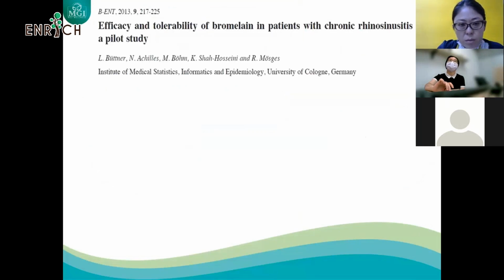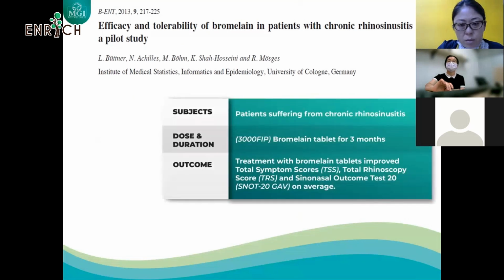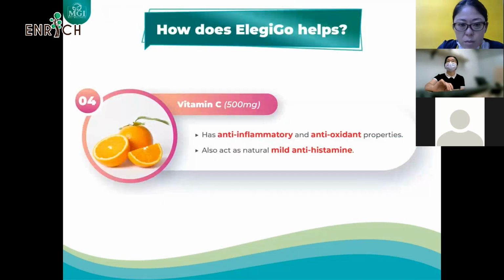This study is done to show the efficacy and tolerability of bromelain in patients with chronic rhinosinusitis. They are given bromelain tablets for 3 months, and it has shown that the treatment with bromelain tablets improved total symptom scores, total rhinoscopy scores, and sinonasal outcome tests on average.